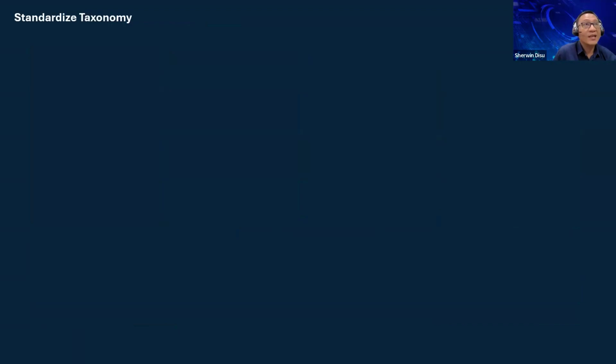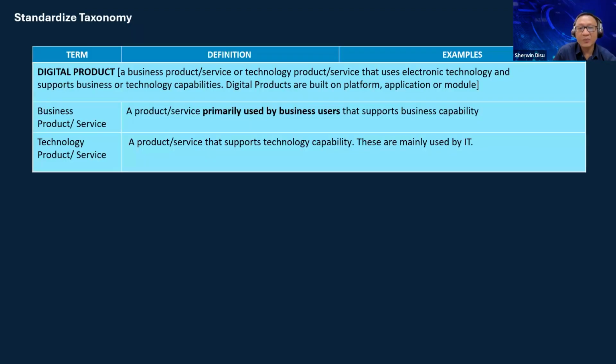ADB has standardized taxonomy around modules, applications, platforms, and digital products. You've heard Dean mentioning digital products, so we'll go into the definition of digital product. So to us, it is a business product or service or technology product or service that uses electronic technology and supports business or technology capabilities.